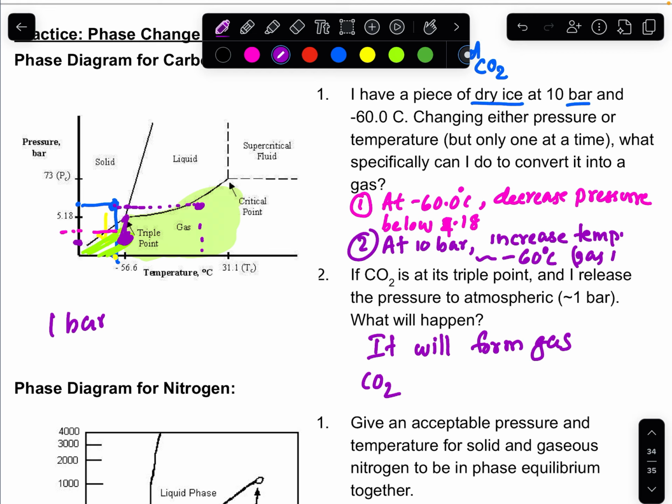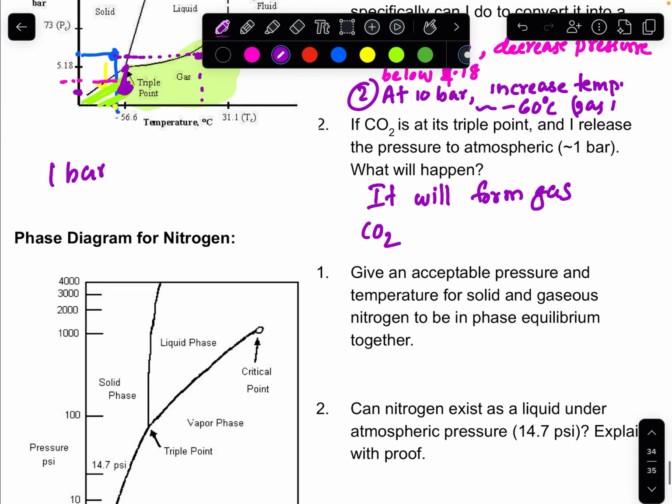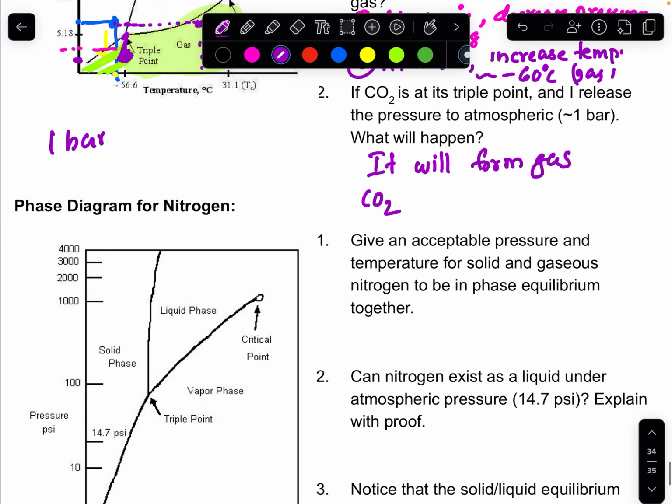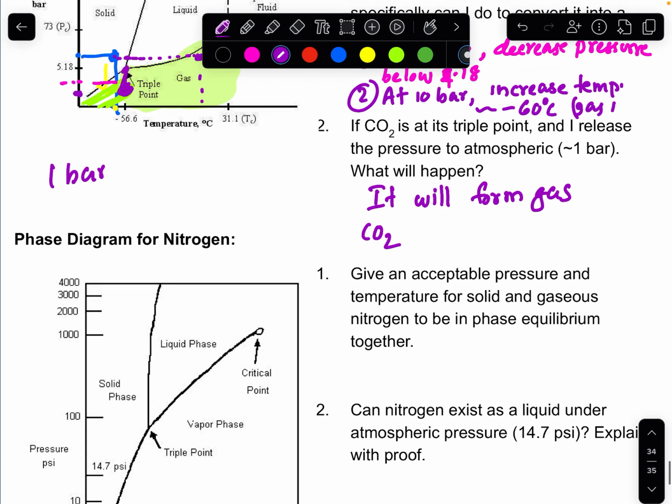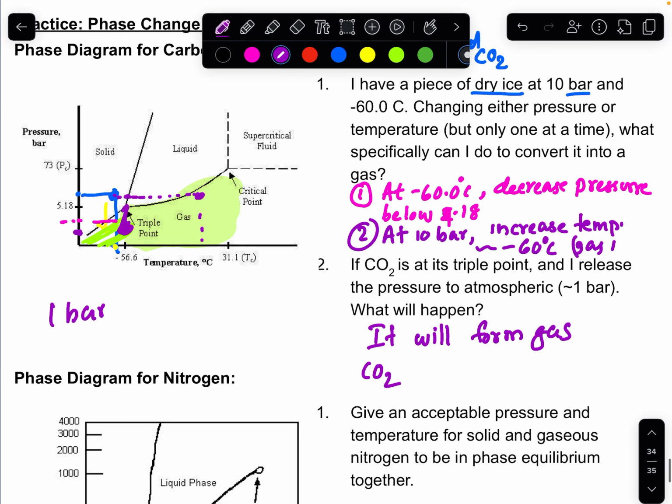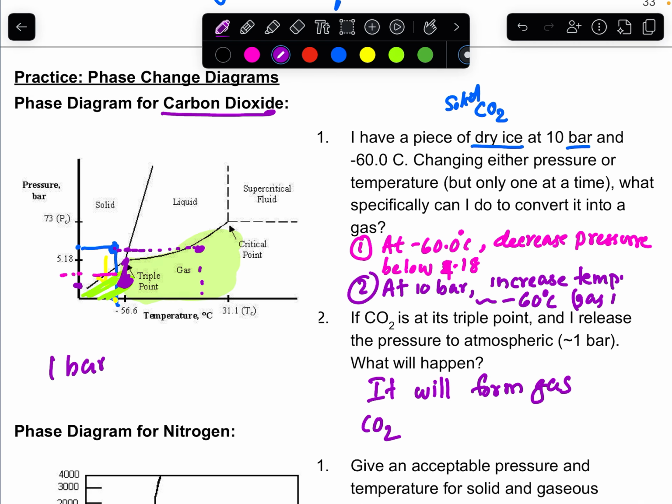It is the existence of all the states. There will be solid, there will be liquid, there will be gas. Everything will convert into carbon dioxide gas. Okay, next one. That is carbon dioxide.